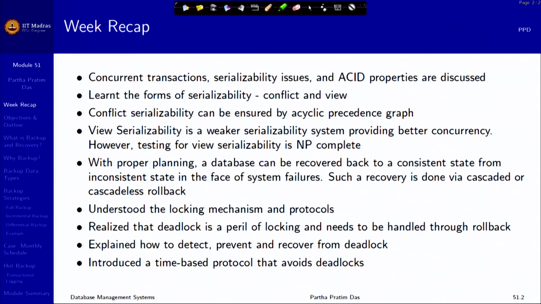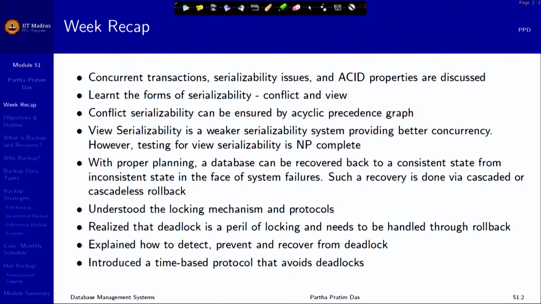When transactions get concurrent, which they frequently do, we get into serializability issues, because instructions from two or more transactions are getting mixed up in the execution order, and we need to ensure correctness in spite of that.